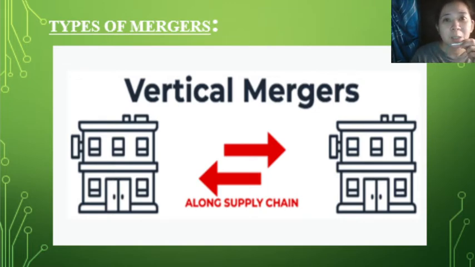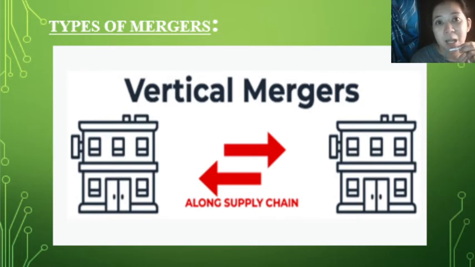The supply chain is the flow of producing the product or services from the manufacturer to the distribution channel, up to the point where customers are reached and are able to consume or purchase those goods and services.